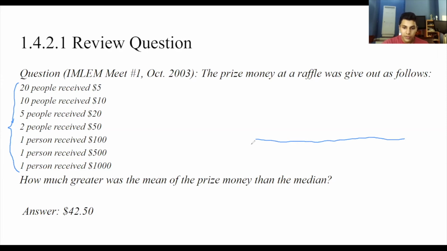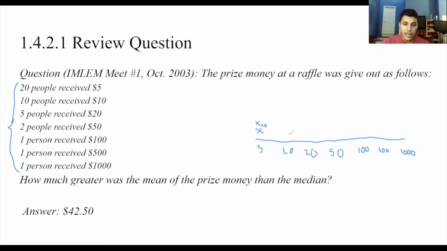So here, if I have $5, then I have $10, $20, $50, $100, $500, and $1,000. Then the amount of X's above $5 would be 20 X's, which I'm not going to write out. I'm just going to write a little 20 down here.